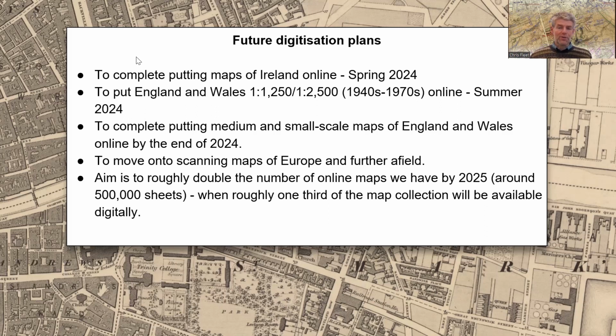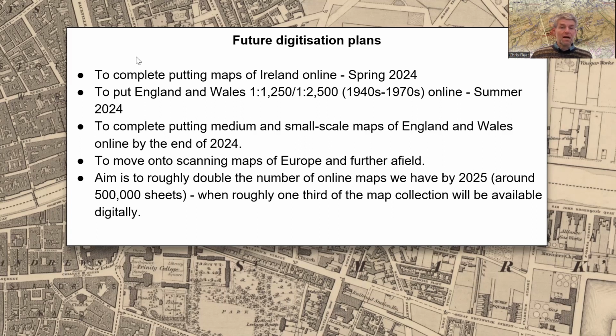We're going to continue with putting medium and smaller scale maps, both Ordnance Survey maps, as well as pre-Ordnance Survey maps of England and Wales online during the course of next year, and continue generally moving outwards from Scotland and Britain onto scanning maps of Europe and further afield in the years after 2024.